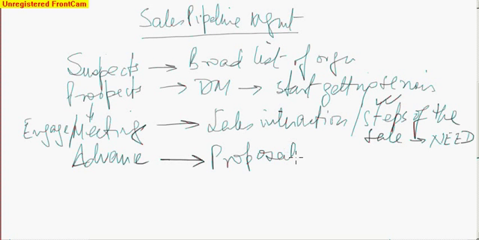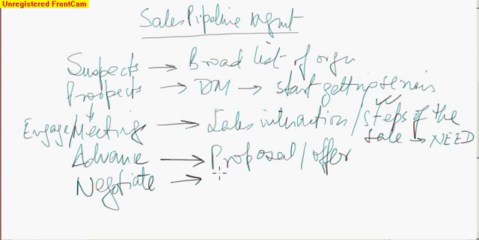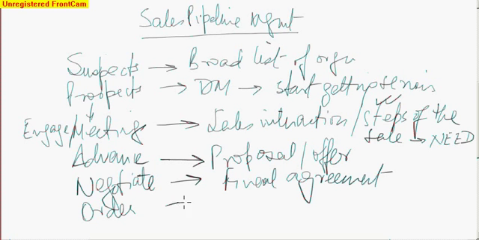Now once you have sent your proposal or your offer, if they accept it, normally they will try to negotiate a bit, and after doing the negotiation round, then you come to a final agreement. Once this agreement has been reached, then after the other terms and conditions and value adds and other drilling of finer things, contracting, all these things happen, and then the order is released. This whole thing is the sales pipeline management.